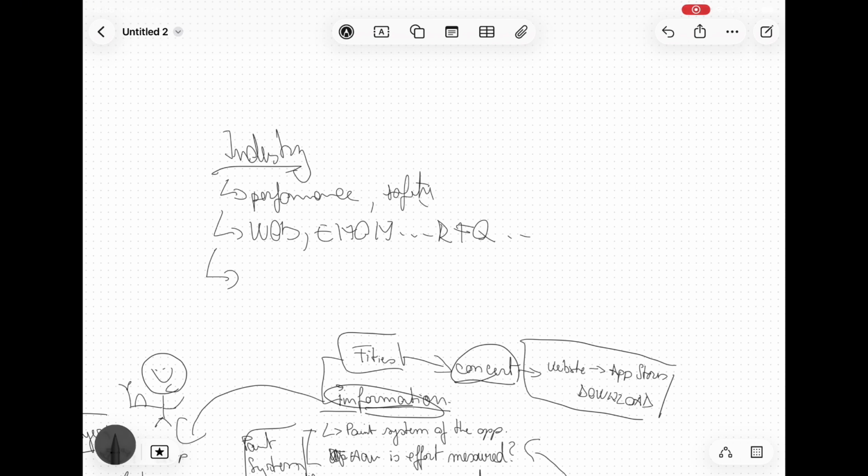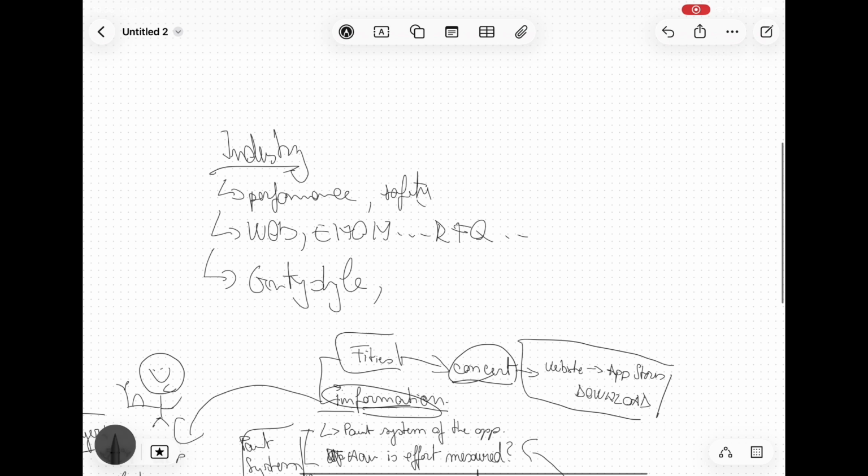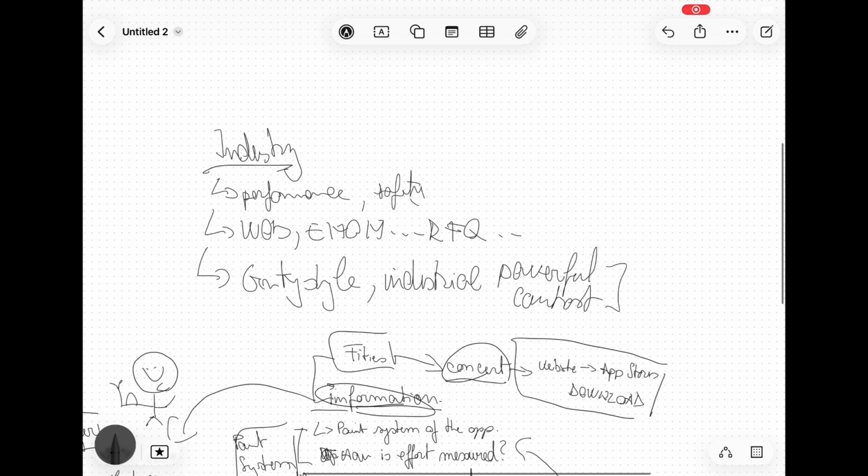We saw a very gritty, industrial style with very powerful contrasts in some of the websites. So we had black, yellow, and then these strong blues.